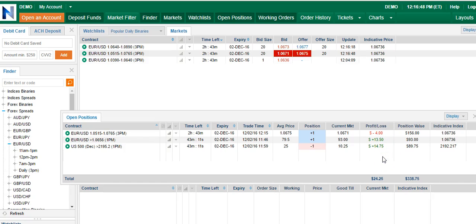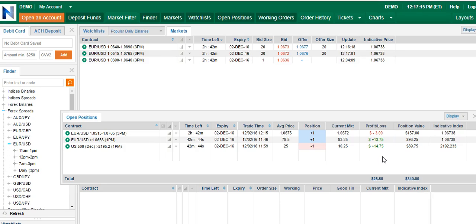Now, some of the advantages and disadvantages. In spreads, an advantage is if you lose a trade by a couple of pips, you only lost a couple of bucks times however many contracts you had. In binary options, if you lost a trade by a couple of pips, you lost whatever you invested in the binary option. So if it was $50, it was $50.